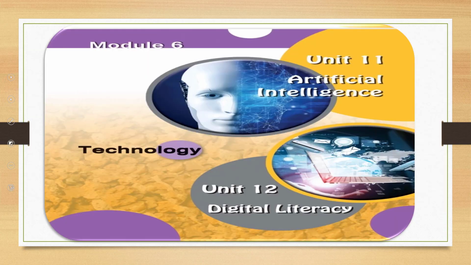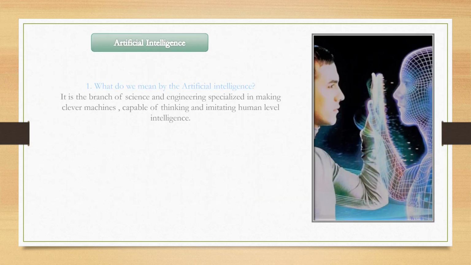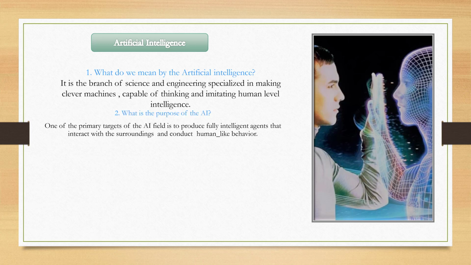Okay, as we watch the film, I'm going to ask you some questions about our lesson. First of all, what do we mean by artificial intelligence? Artificial intelligence is a branch of science and engineering specialized in making clever machines, capable of thinking and imitating human-level intelligence.